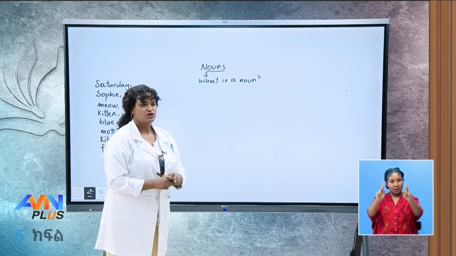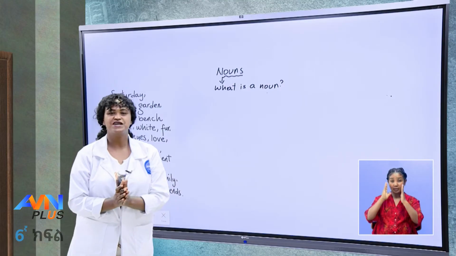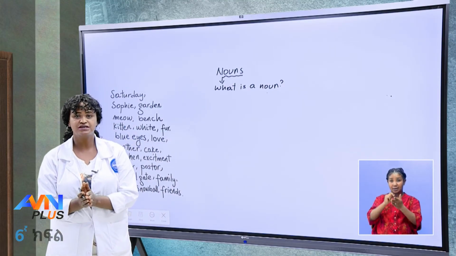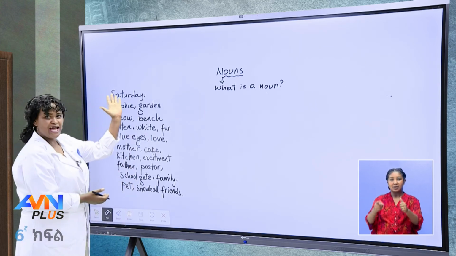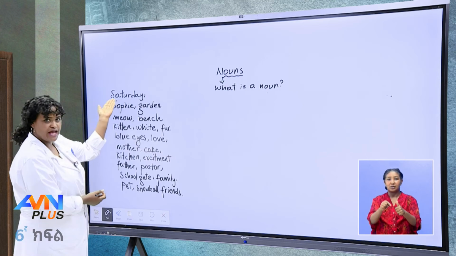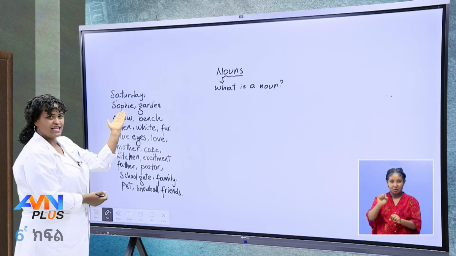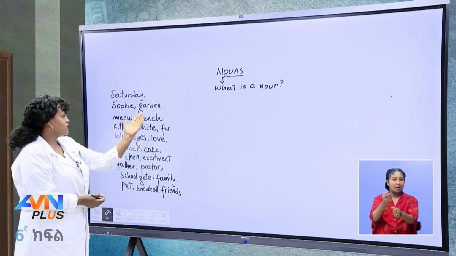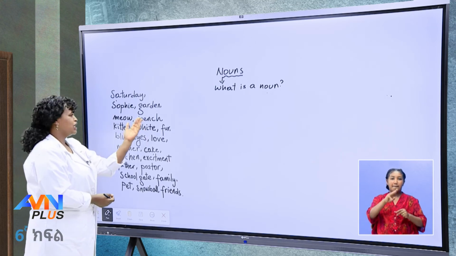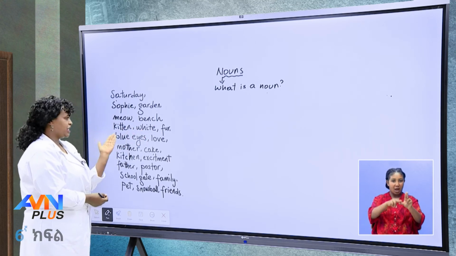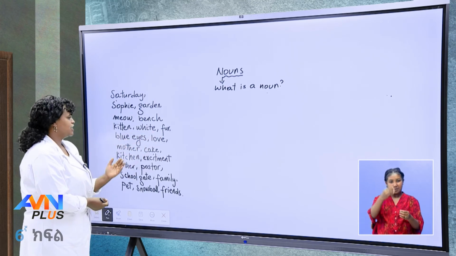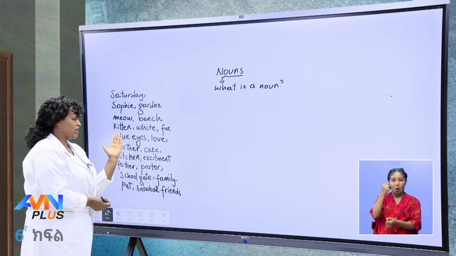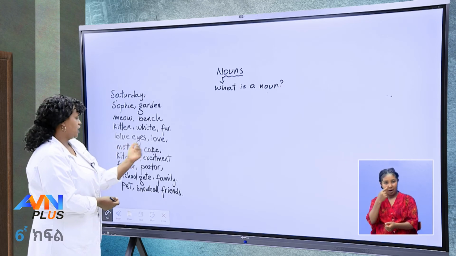Okay, so did you give attention to the words that were written in bold? Yeah, the words were this. On the first line, we have seen what? Saturday, yeah? Sophie, garden, meow, bench, kitten, white, fur, blue eyes, blue and then eyes, yeah?